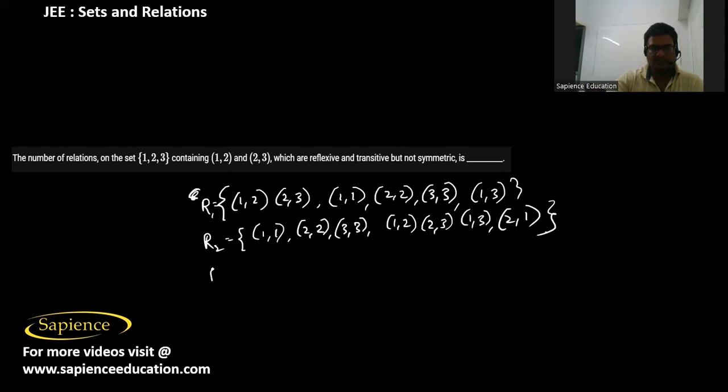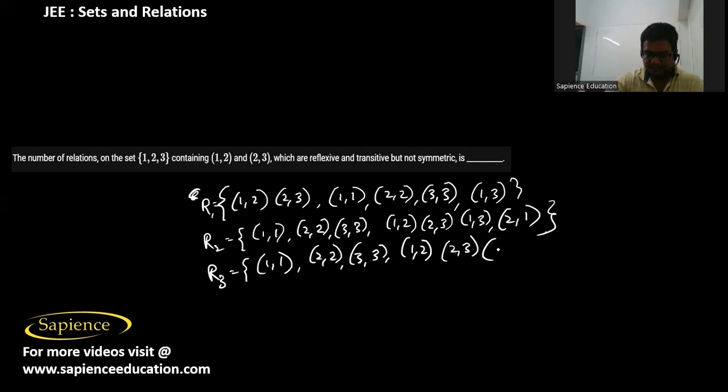Then one more relation we can add, that is (1, 1), (2, 2) we can keep, and (3, 3) we can keep, and (1, 2) we have to keep, and (2, 3) also we have to keep. (1, 3) we can keep, and instead of (2, 1) we can keep (3, 2).